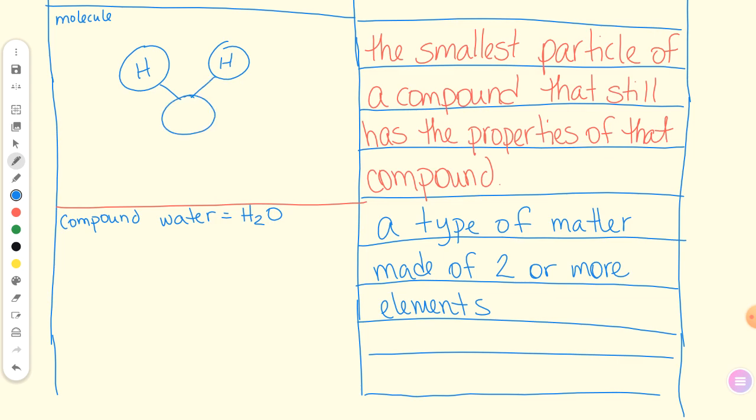This isn't necessarily the proper way to draw it, but just 2 hydrogen and an oxygen, H2O. So a single water molecule is 2 hydrogen atoms and an oxygen atom combined together to make 1 water molecule. Okay, a compound is just a bunch of those water molecules together.